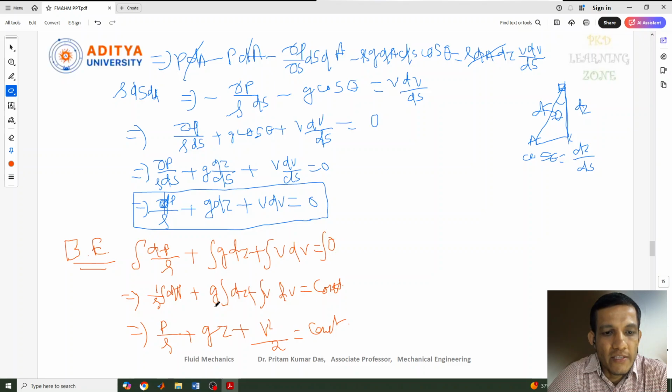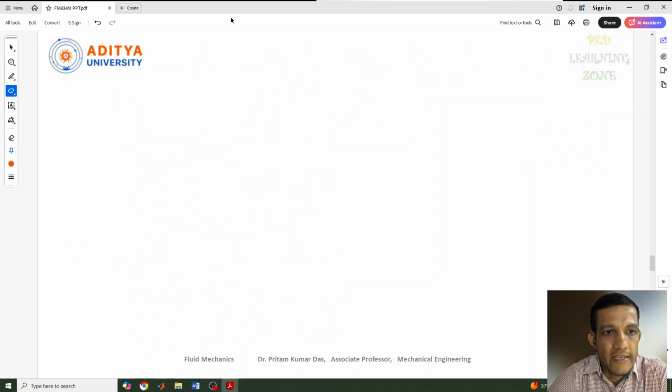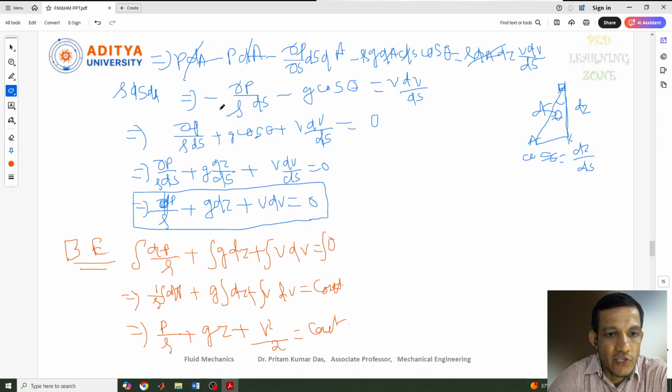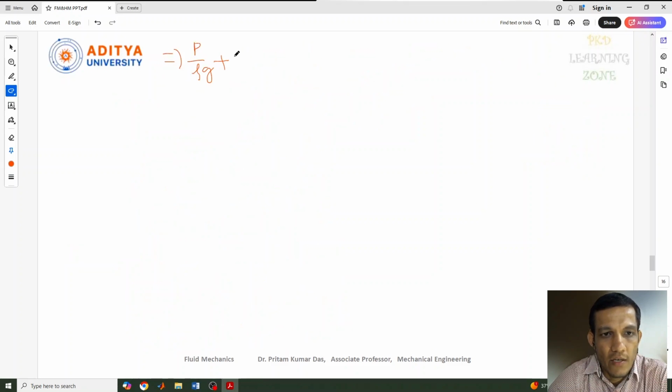Now let's simplify this equation in more detail. What we got previously was p by ρ. Here I'll divide all the terms by g. So I get p by ρg plus, for the second term, gz divided by g, so g is cancelled and we get only z.